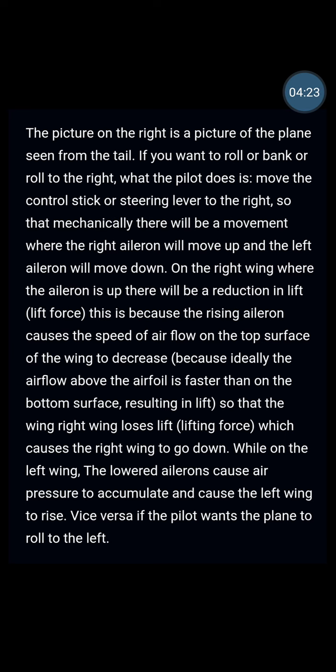If you wanna roll to the right, what the pilot does is move the control stick or steering lever to the right so that mechanically there will be a movement where the right aileron will move up and the left aileron will move down.